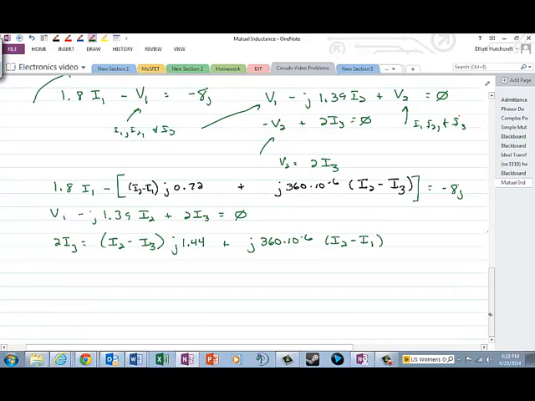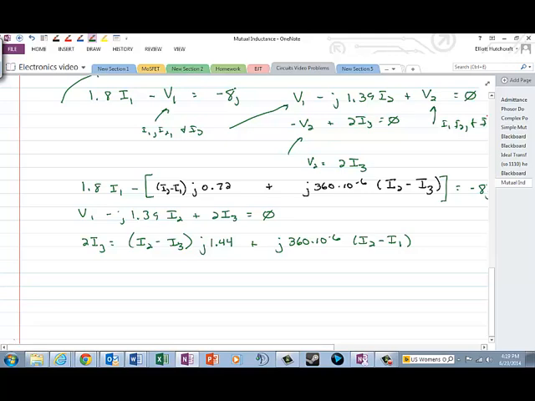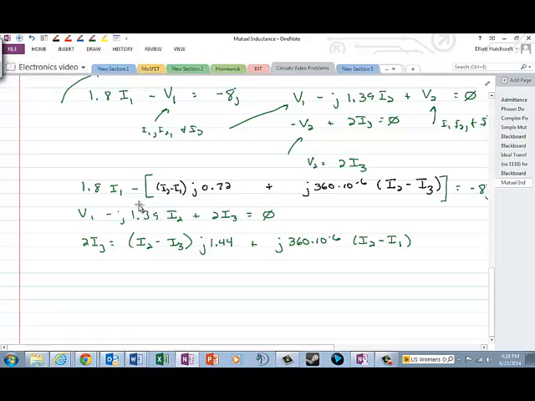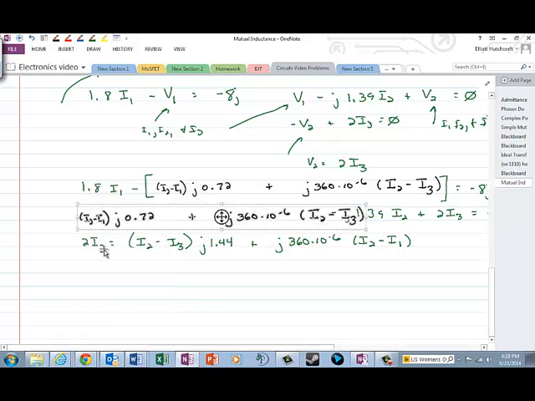And then the second equation, I can move way over here and replace V1 with that same form.